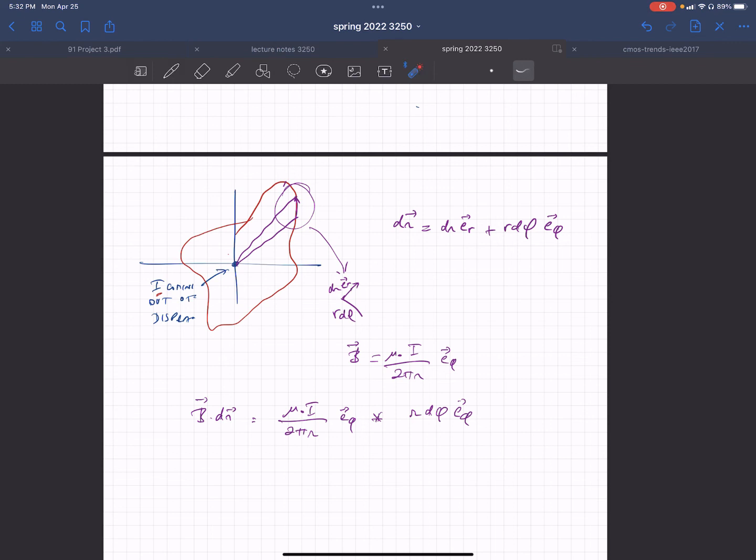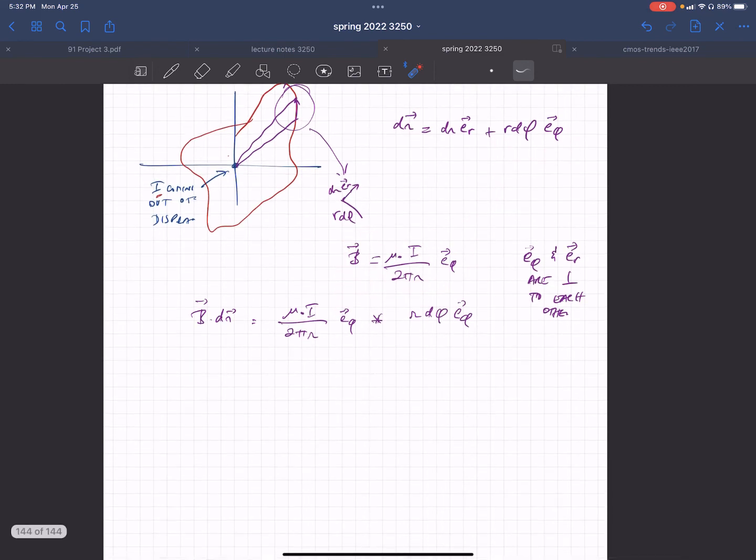The reason for this is because e sub phi and e sub r are by definition perpendicular to each other, so if we do a dot product, there's going to be nothing from the radial component. All you would end up with is the phi component times the phi component.